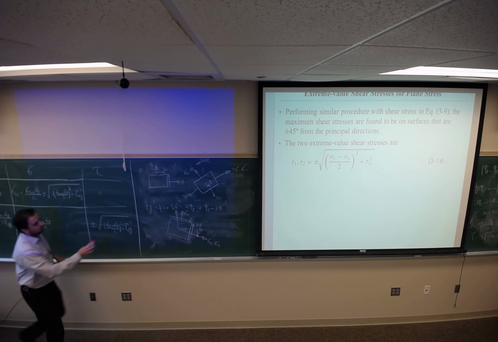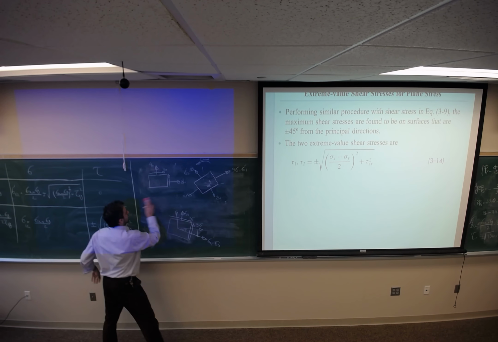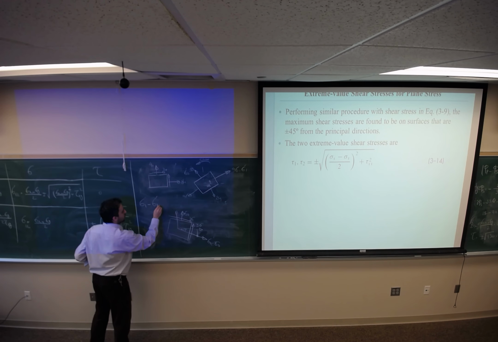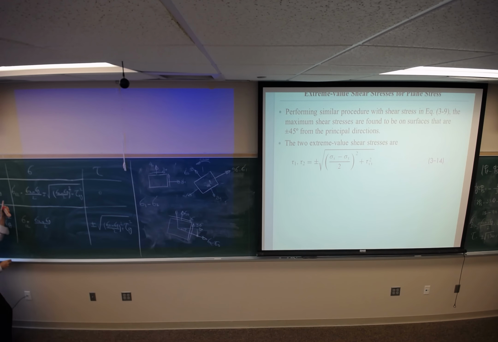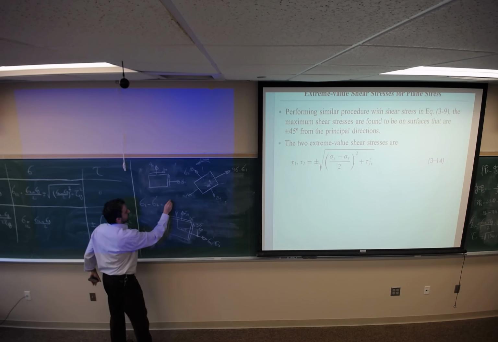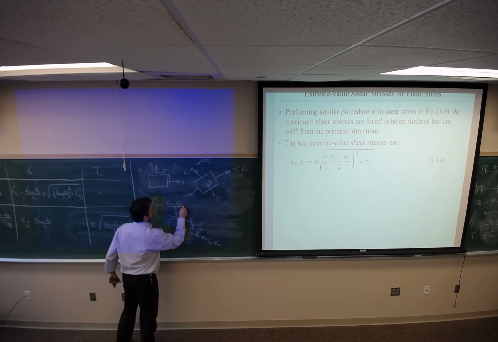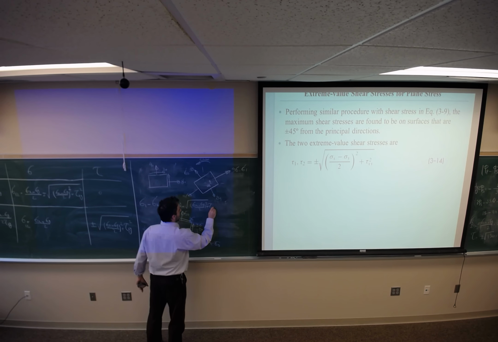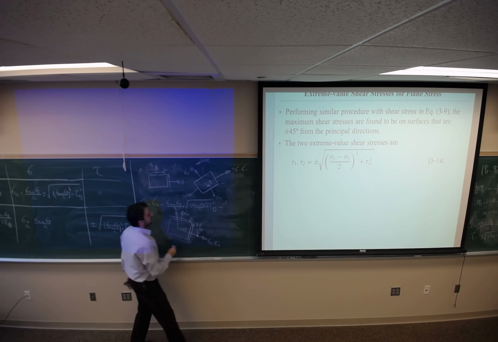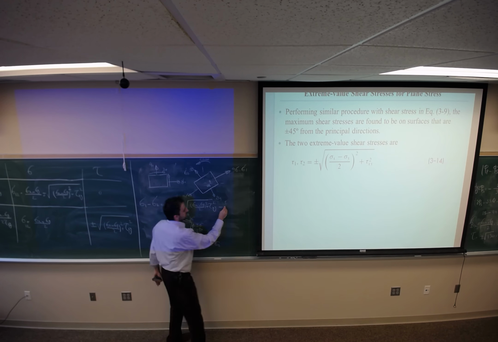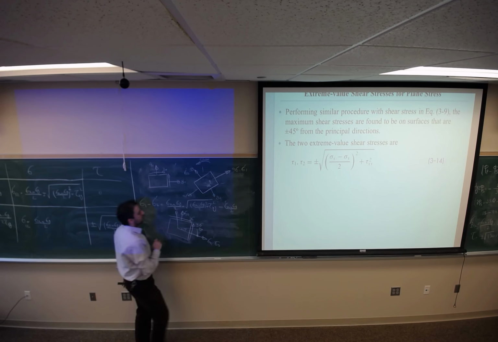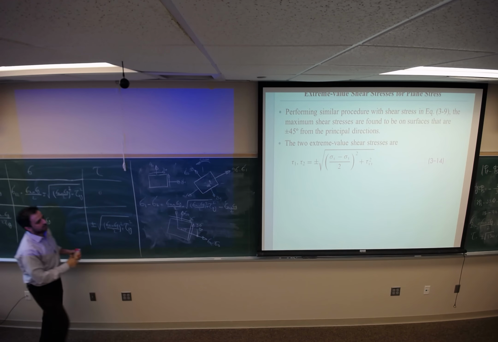If you do that, you can say sigma prime 1 minus sigma prime 2, minus, this is sigma prime 1, sigma prime 2 is negative, sigma x plus sigma y divided by 2. This negative times this negative is going to be positive.